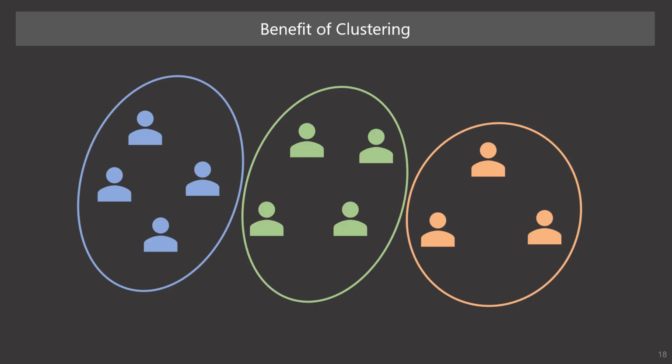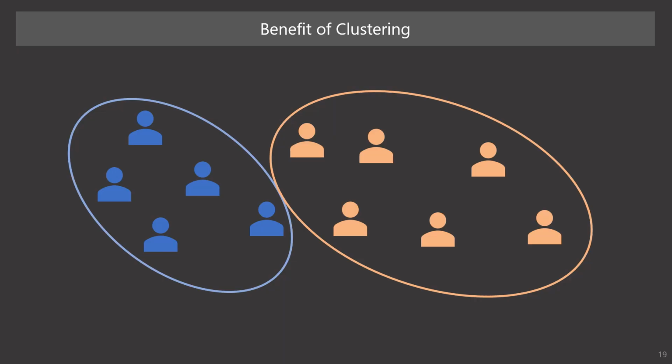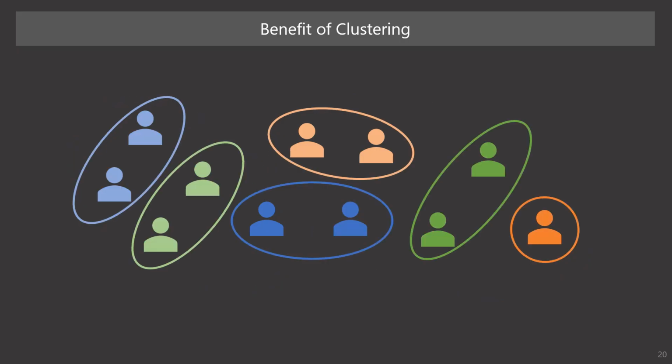But sometimes we do not know how to divide our data into subgroups. In such a case, we can use cluster analysis to meaningfully divide data into groups. If we divide data into only a few clusters, each cluster contains many observations, and diversity of observations within a cluster is relatively high. On the other hand, if we divide data into many small clusters, each cluster will be highly distinctive from each other.